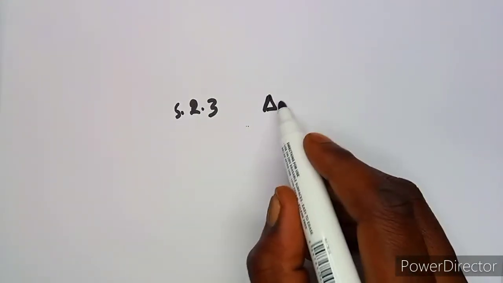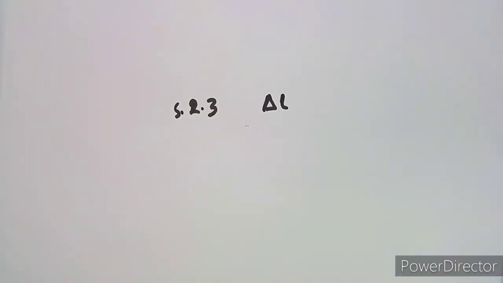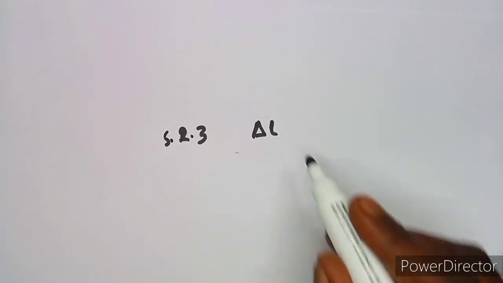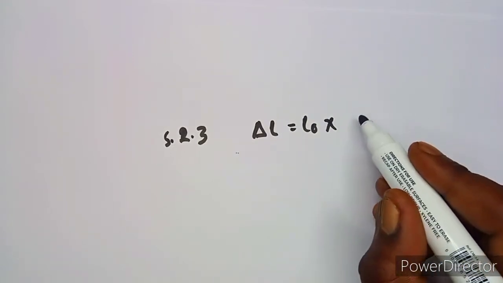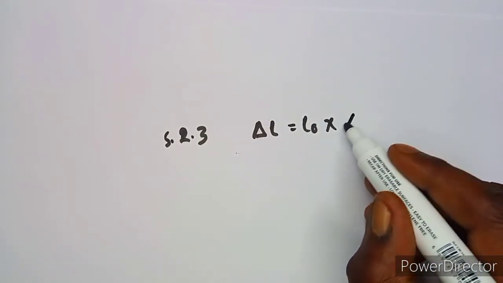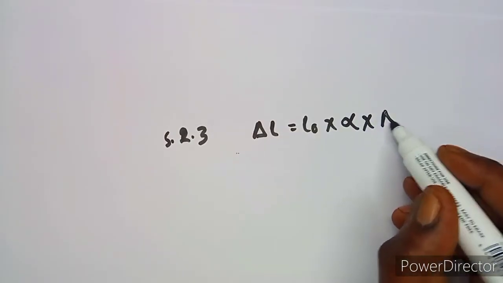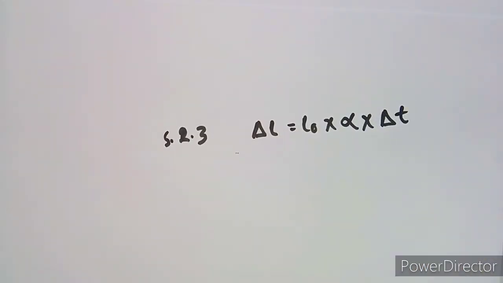the change in length, because we need this in our formula, and we know that our formula for change in length is the original length times alpha times the change in temperature. This time it's just alpha, not 2 times alpha. I think I showed you the formula there. So this is the change in length.